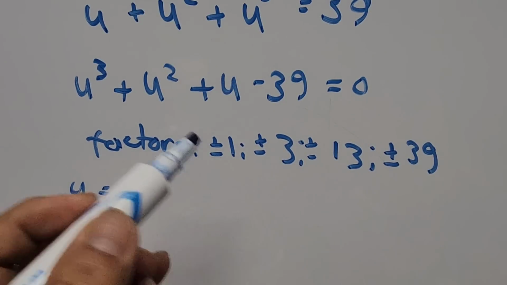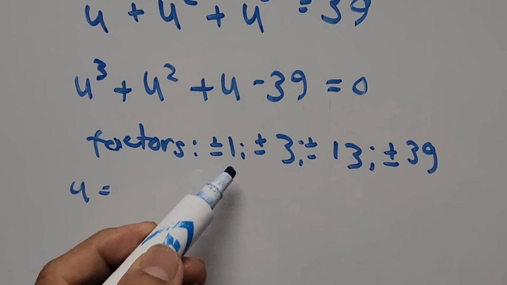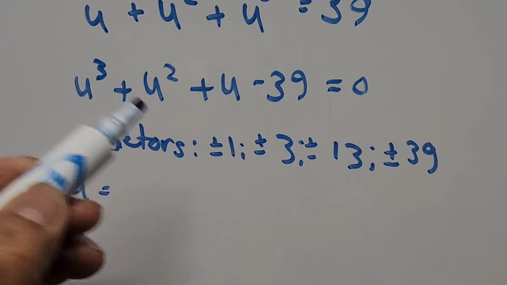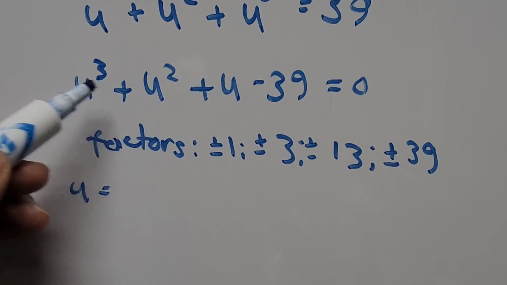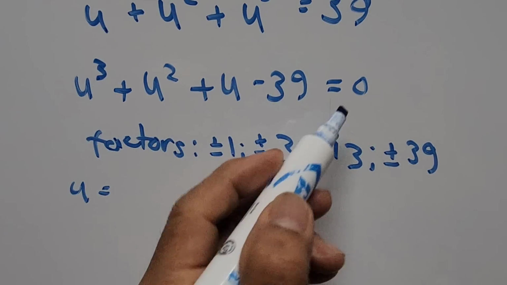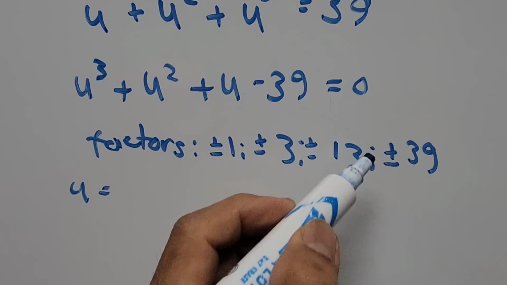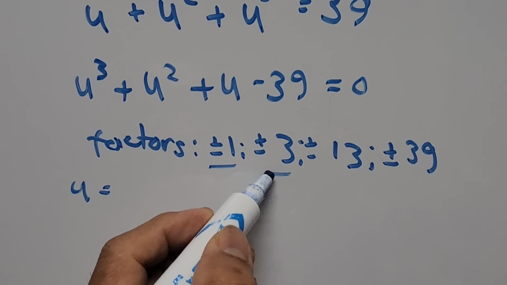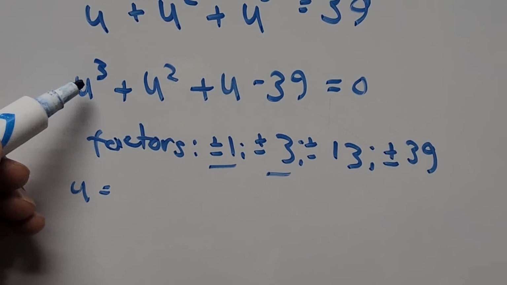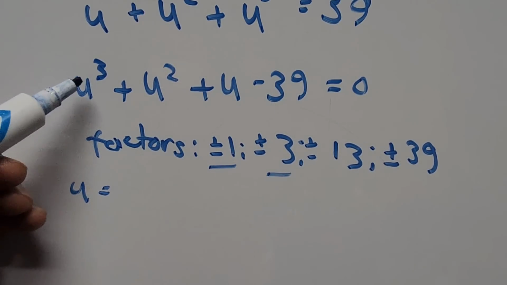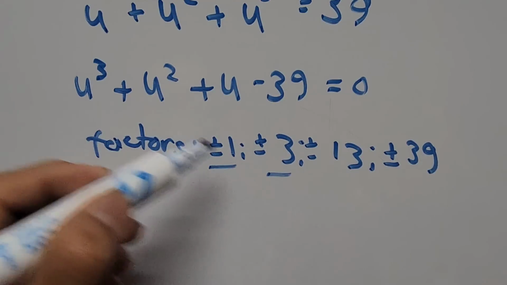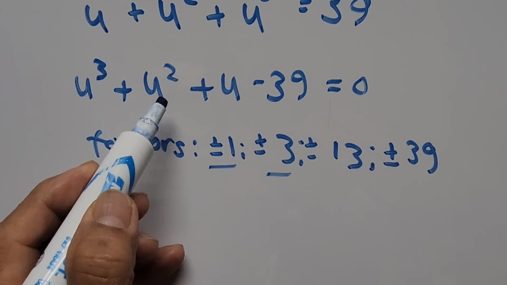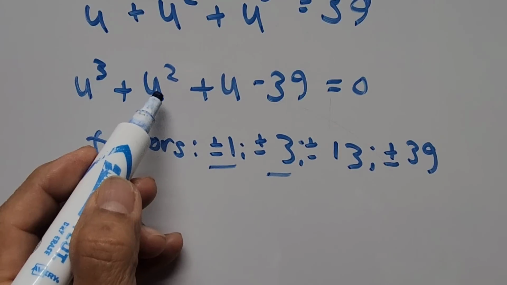So let's try first with positive or negative 1. Or let's say 1. If we plug in 1 in place of u over here, can we arrive at a 0 result on the right-hand side of the equation? No, huh? What about 3? Plug in 3 over here. So 3 cubed is 27 plus 3 squared is 9.